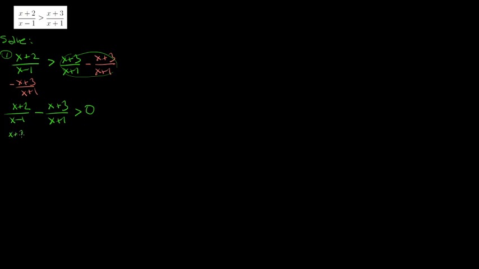We have to do x plus 2 over x minus 1, leave some space here, minus x plus 3 over x plus 1. So in order to subtract these two fractions, we need to find, if you remember, the least common denominator, the LCD. So what are the denominators? We have x minus 1 and we have x plus 1.